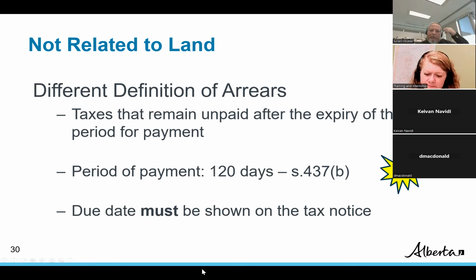Angela, got a good question here. Which section of the MGA allows council to pass a bylaw to charge taxes for DMHs to the landowner? Do you remember which section? Let's see.